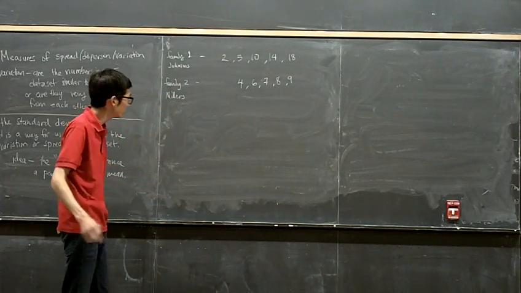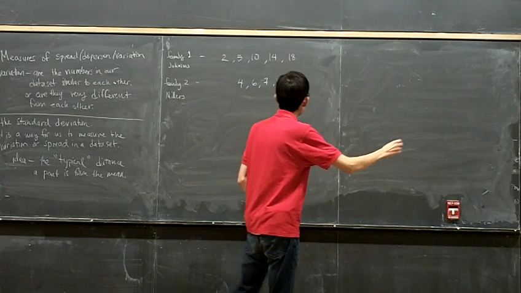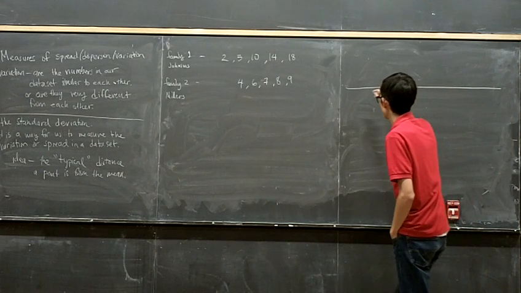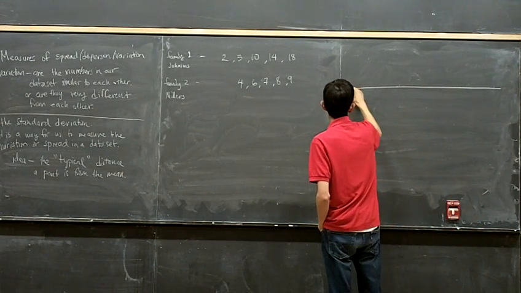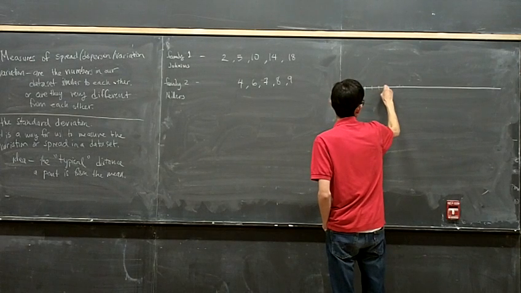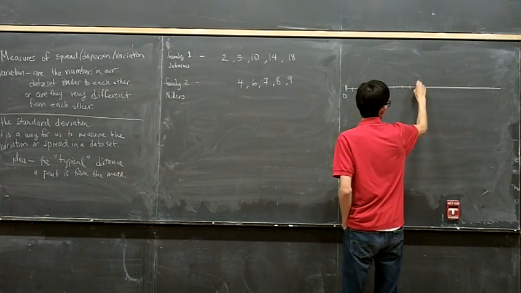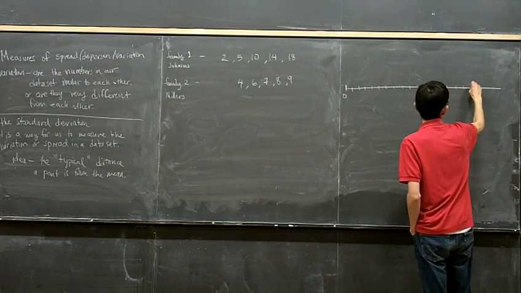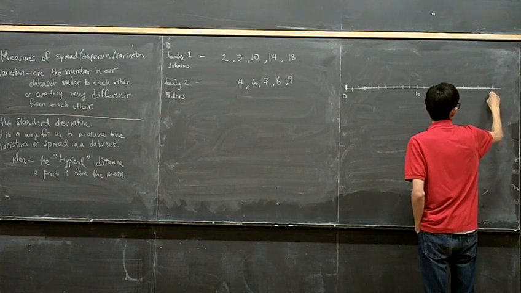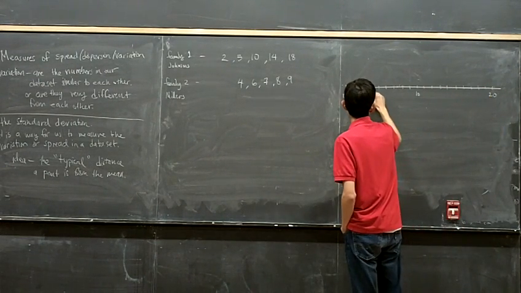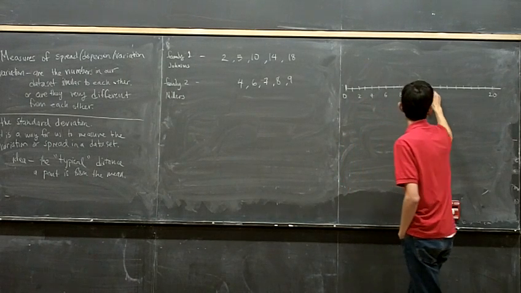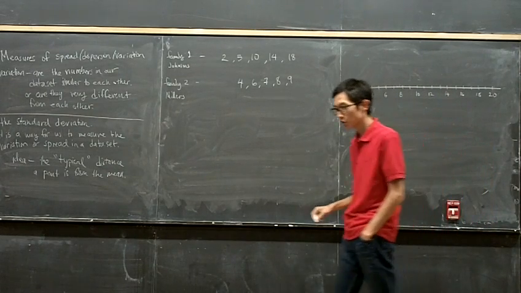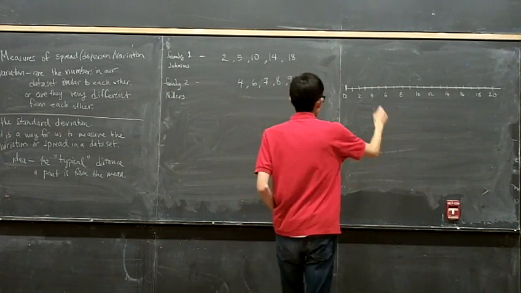Okay. So let me draw a number line here. And we'll start at 0. Okay, so I'm going to draw dots at each of these children's ages.